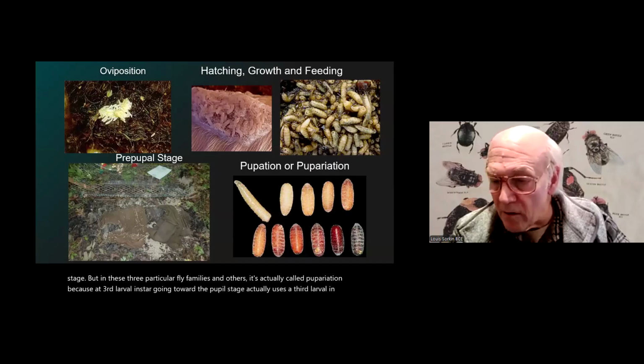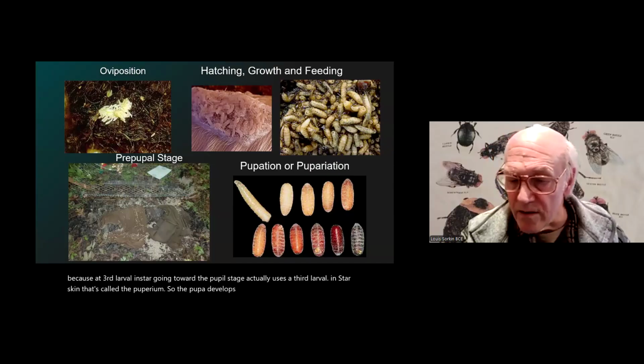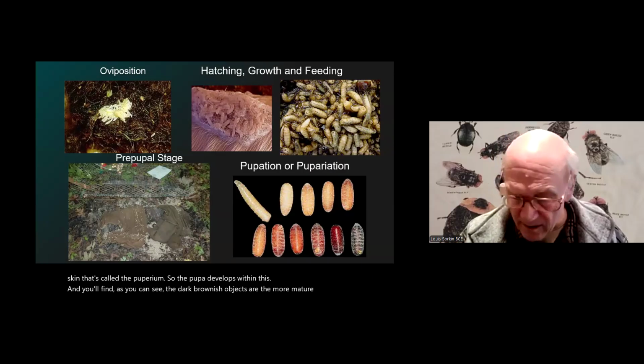That's called the puparium. So the pupa develops within this. And as you can see, the dark brownish objects are the more mature puparia, and the pupa is actually developing inside that.